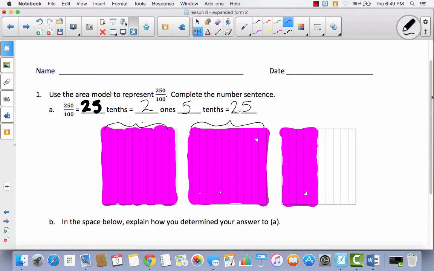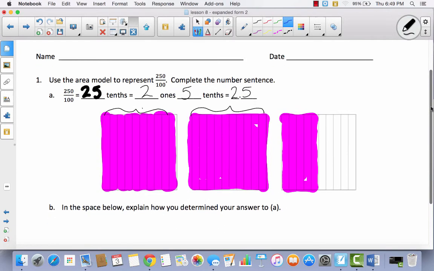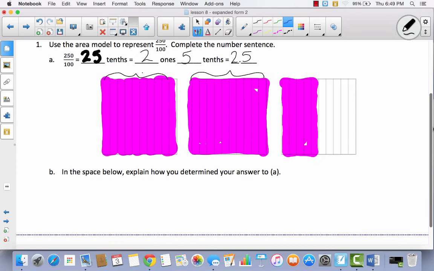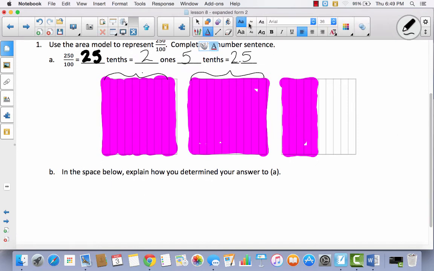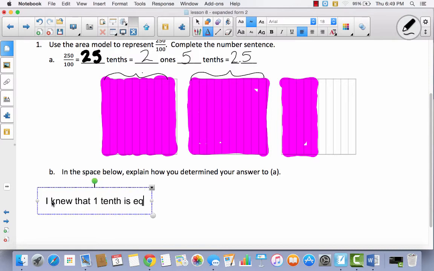It says in the space below, explain how you determined your answer to A. So how did we determine our answer? Let's think about that for a minute. What did we do? Okay, I knew that 1 tenth is equal to 10 hundredths.